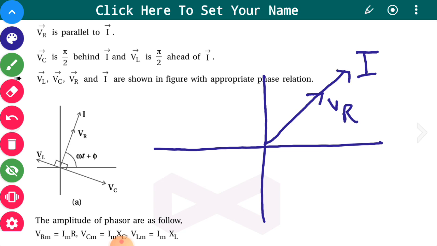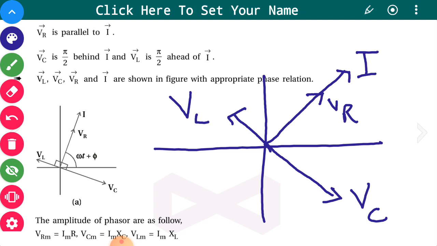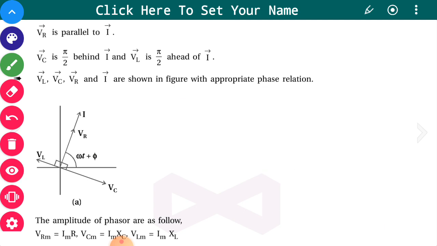Now voltage across capacitor is behind the current I, so it is drawn in this way, and voltage of inductor is drawn in this way, that is ahead of current I. So all the phasors are shown. This angle is say omega t plus phi at any time. This is very easy to draw once you draw it properly.